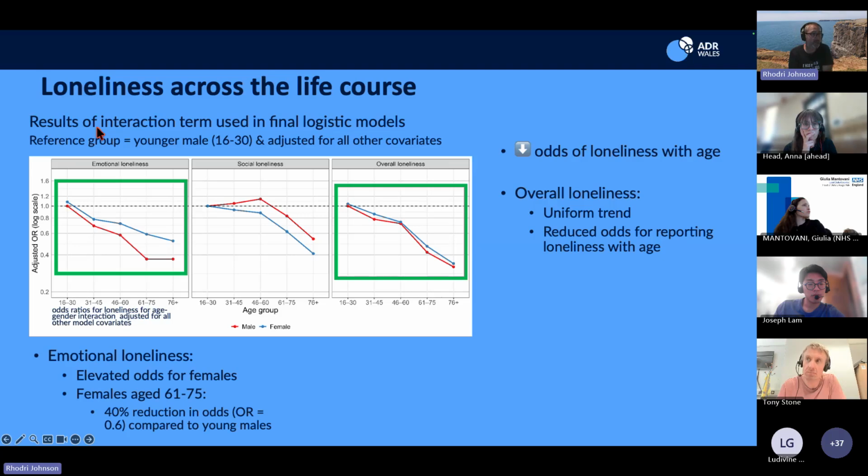For emotional loneliness, females have elevated odds compared to males.